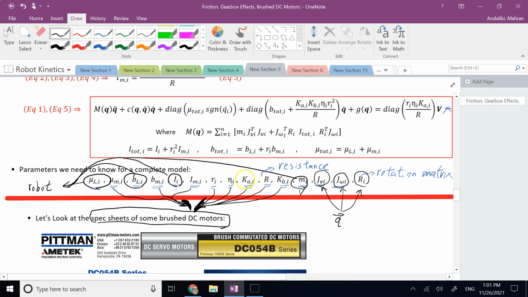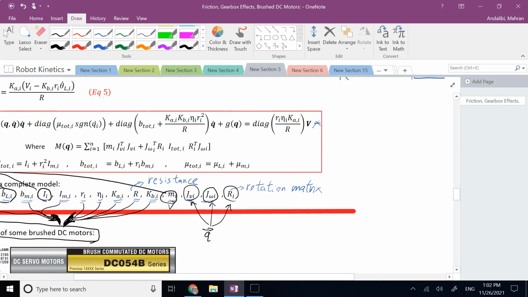So 3, 6, 9, 12, and 15. There are 15 parameters, and almost all of them are each for a link or a motor. So if your robot has 6 joints or 6 links, you have 6 times 15, which is 90 parameters. If you want to simulate the equation of motion for a 6 degree of freedom robot in its entirety without neglecting anything, you need to know about 90 parameters.